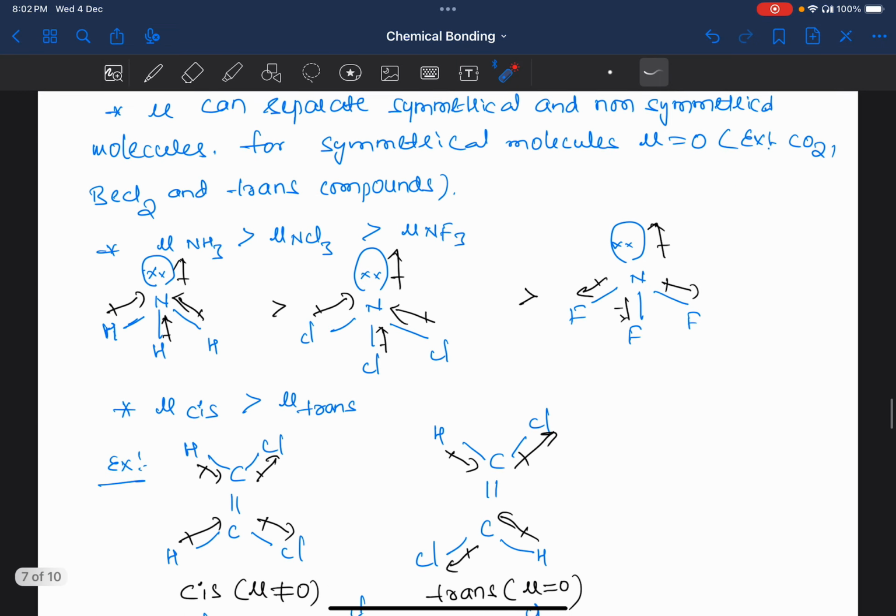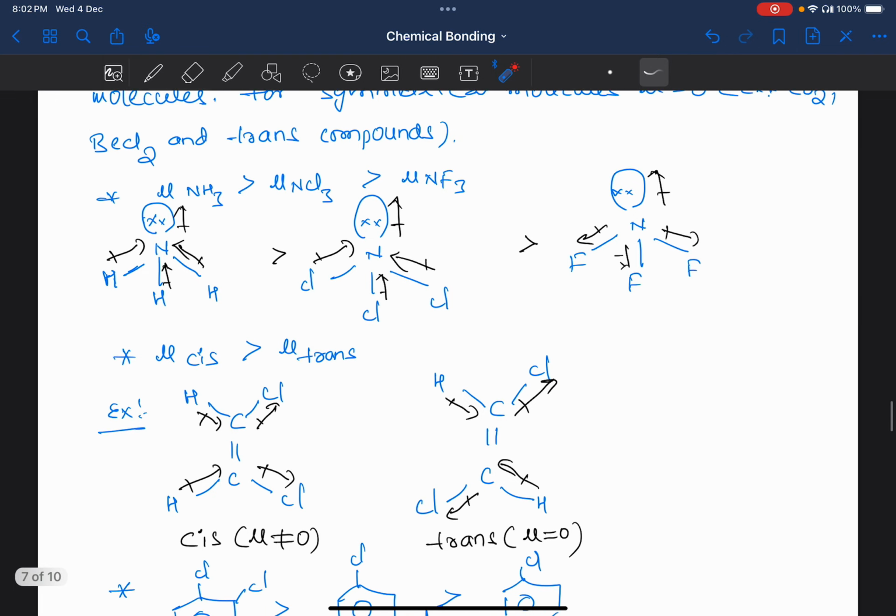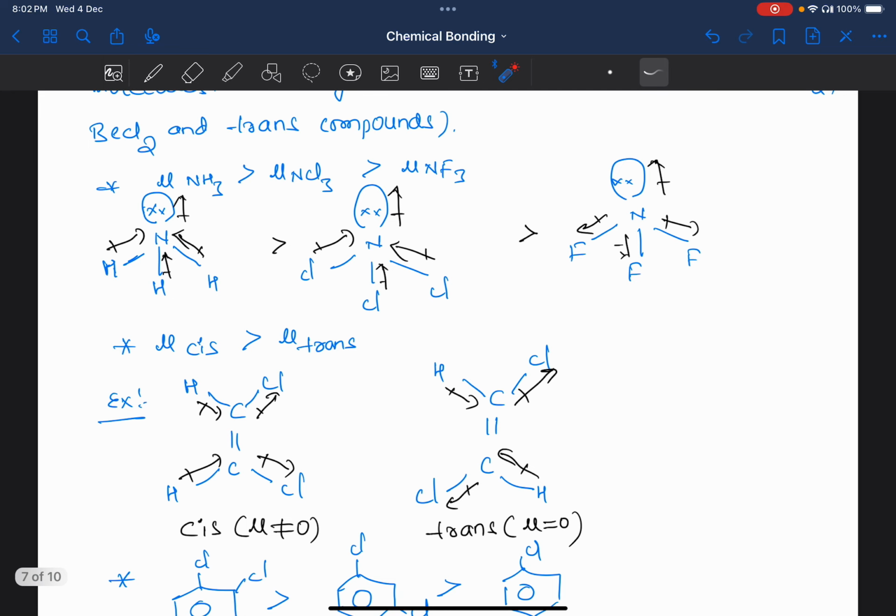See here in this example, I mentioned the cis molecule and trans molecule. These are 1,2 dichloroethene. This is the cis molecule and this one is the trans molecule. Now I indicated the cross-headed arrow marks for each polar bond.